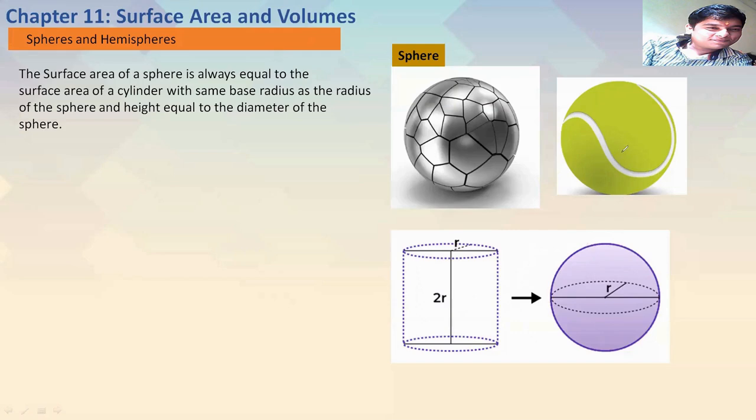Right. So you have a sphere of radius r. Let's say a ball, right? Tennis ball, right? Of radius, let's say, 5 centimeters.